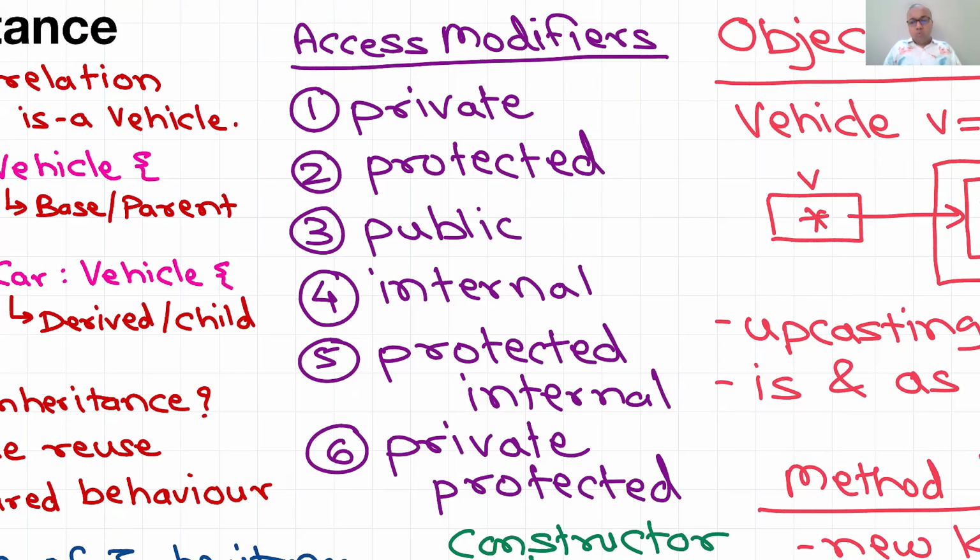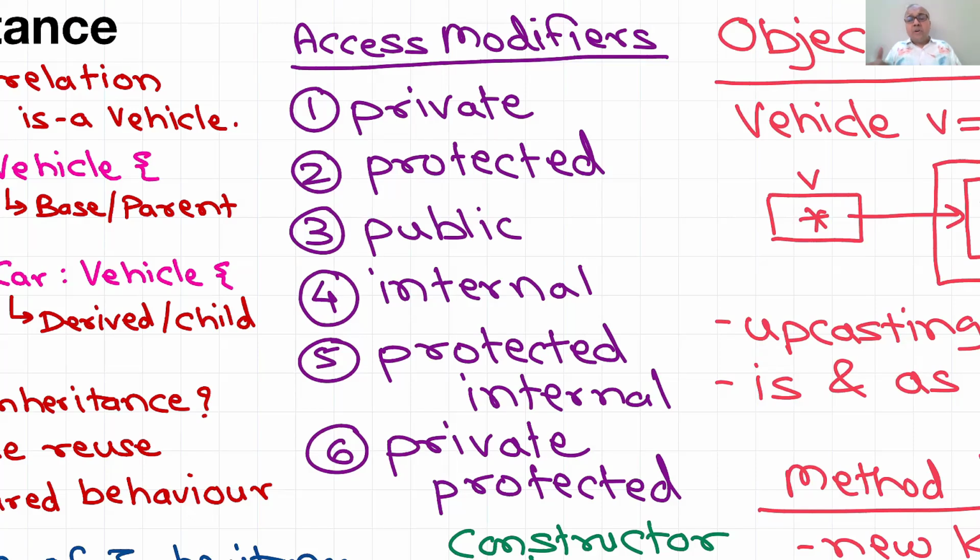Well, then what is private protected? The private protected is where the members are accessible in the same class due to the private. Due to the protected, they are accessible in all the derived classes in that assembly.